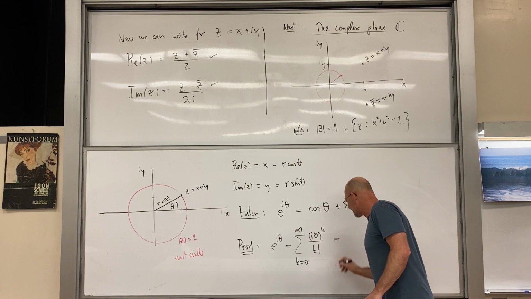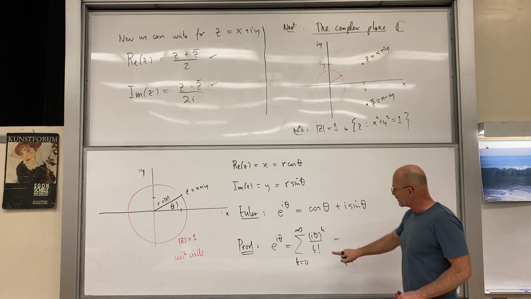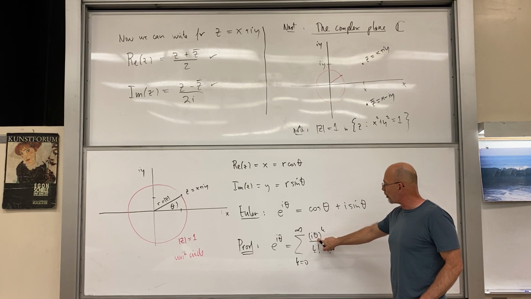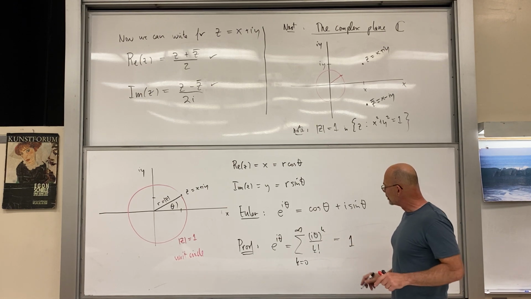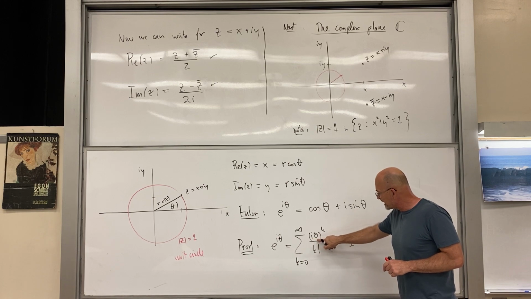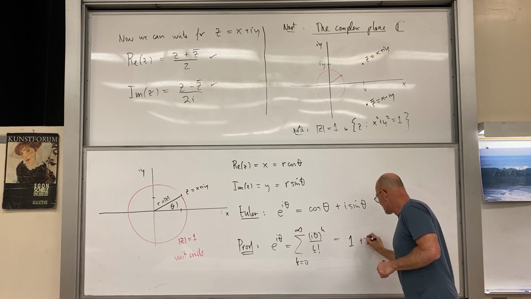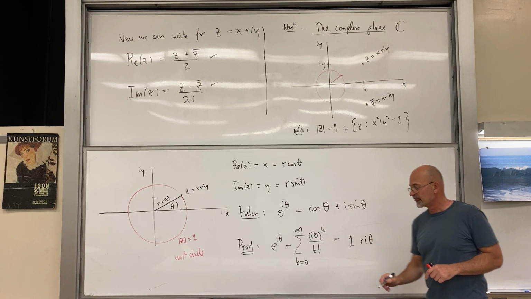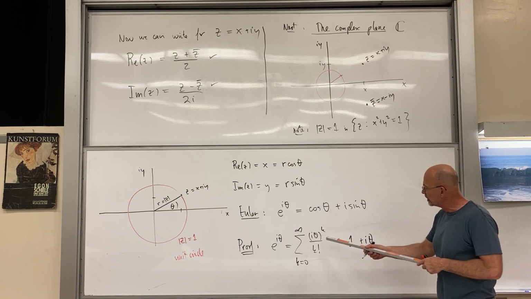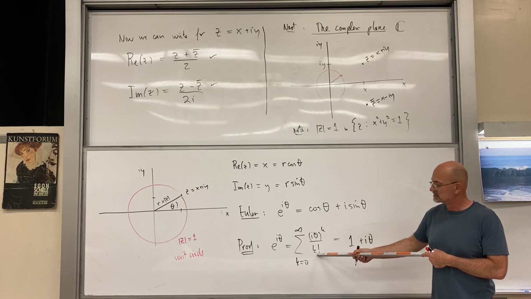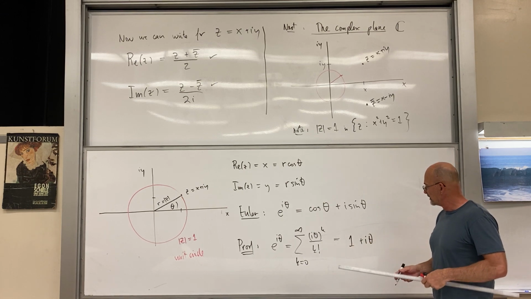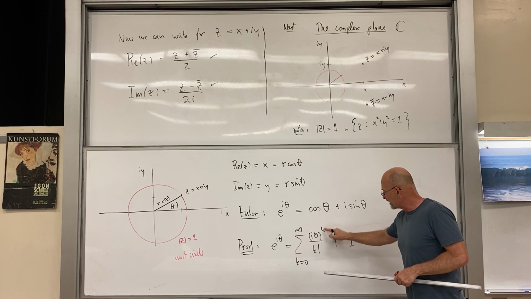And let's just do a few of these. So for k equals 0, we just have 1. Okay. For k equals 1, we have i theta, and that's it. For k equals 2, we have i squared theta squared over 2, because 2 factorial is 2.